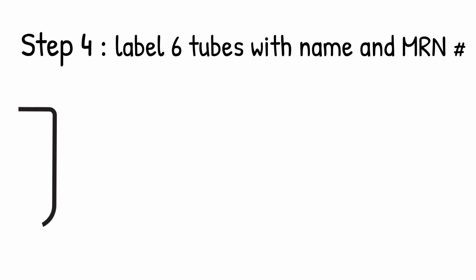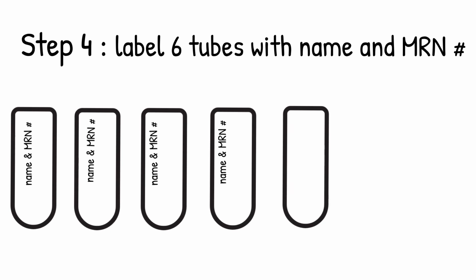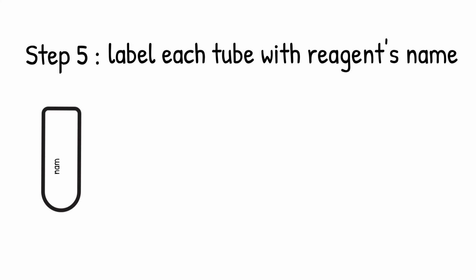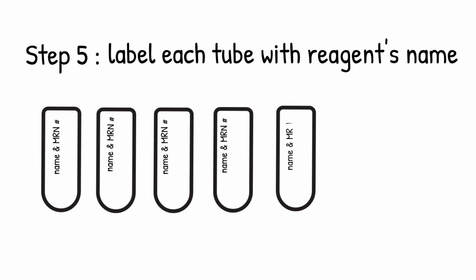Step 4. Label 6 tubes with the patient's name and ID number. Step 5. Take those 6 tubes labeled in step 4 and label each tube with the reagent name.